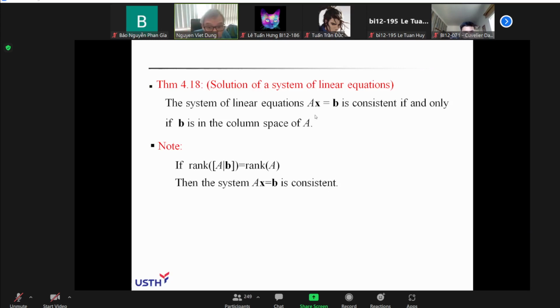If we consider the coefficient matrix A and the augmented matrix A bar, where we add the right hand side column b on the right side of A, then if the rank of the augmented matrix equals the rank of the coefficient matrix A, the system Ax = b is consistent. That is what we know about the non-homogeneous system of linear equations.